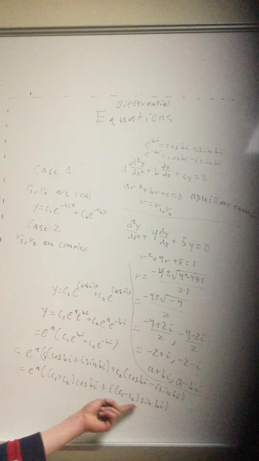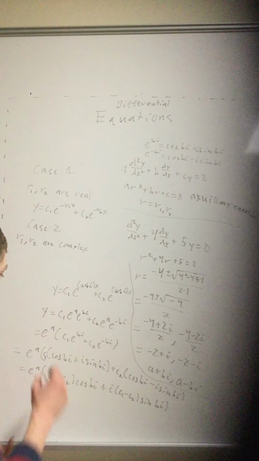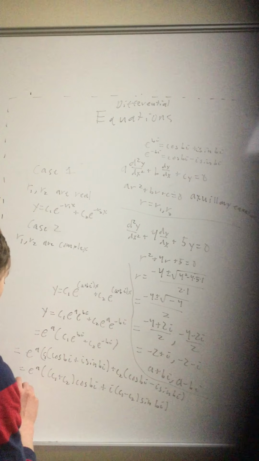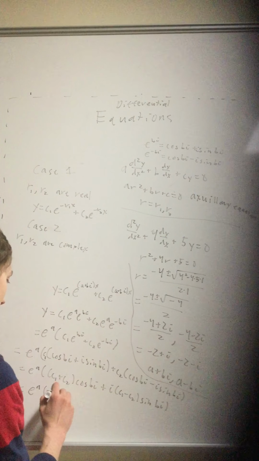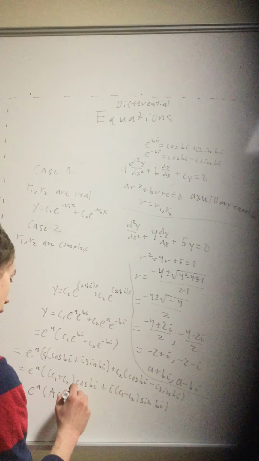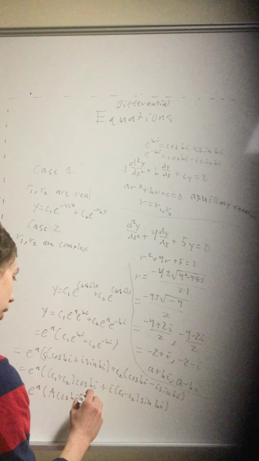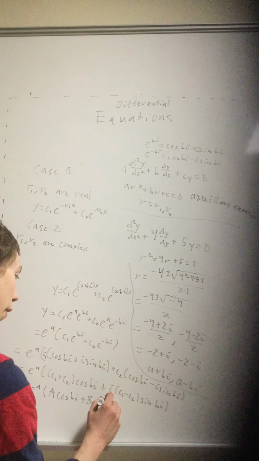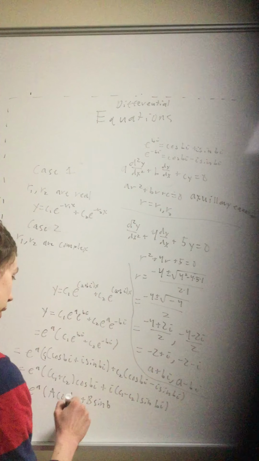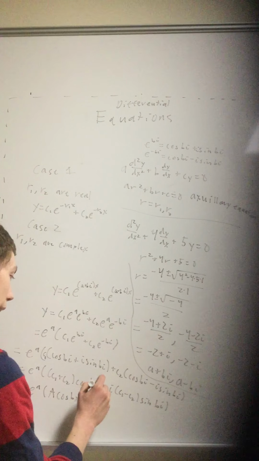Now, these are just arbitrary constants, so we can take this, name it A, take this, name it B, and it's equal to e to the a times capital A cosine bi plus capital B sine of bi x. Sorry about that, x.